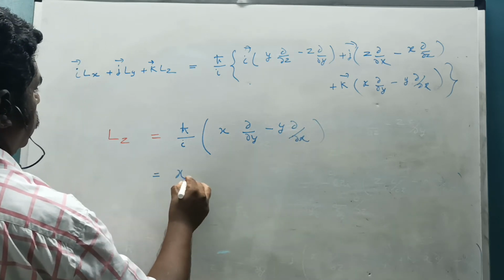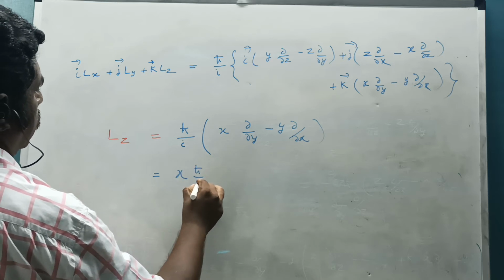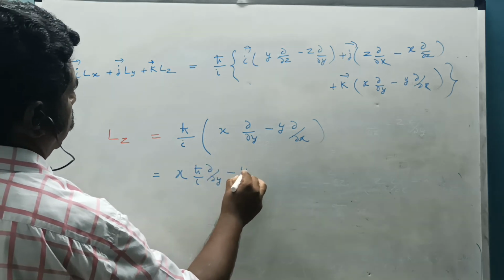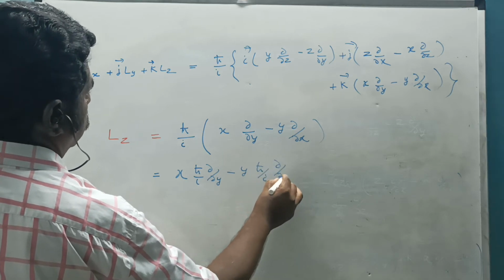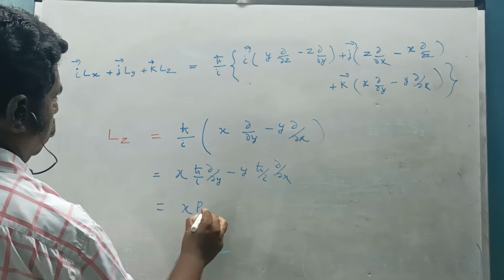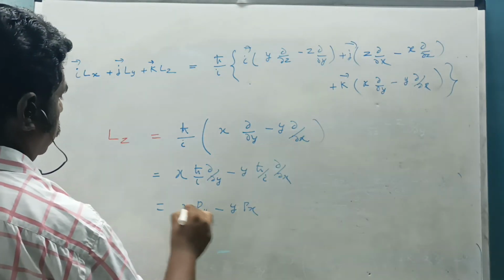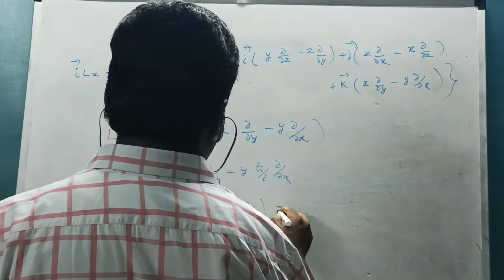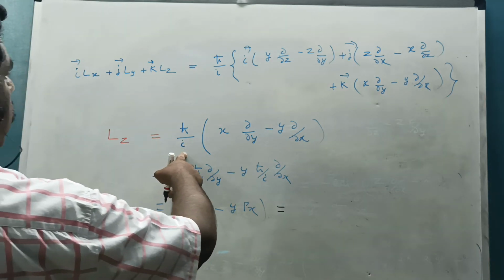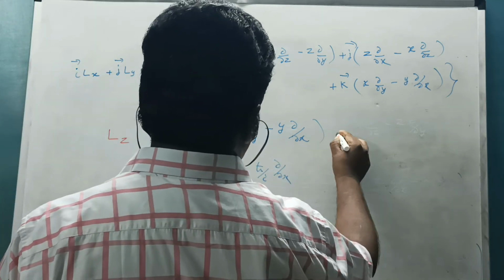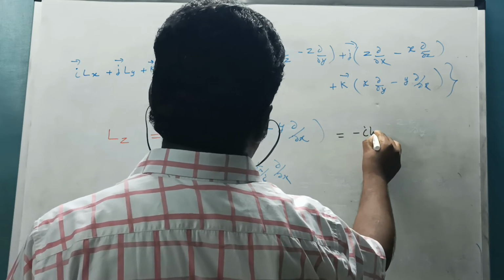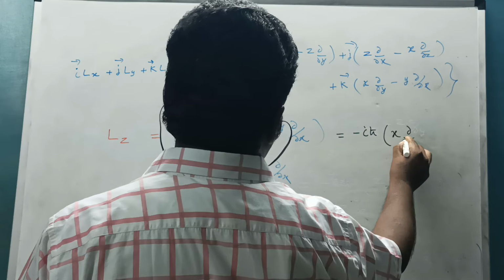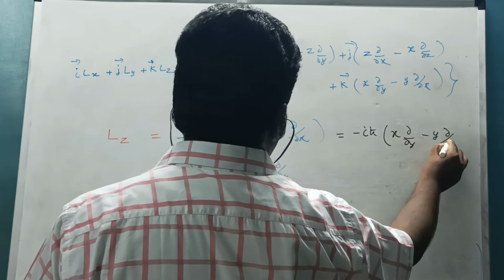This is equal to x into ħ/i ∂/∂y minus y into ħ/i ∂/∂x, which is x py minus y px. This is the value of Lz: x py minus y px. In some other form, this is equal to minus iħ, x into ∂/∂y minus y into ∂/∂x. This is another form.